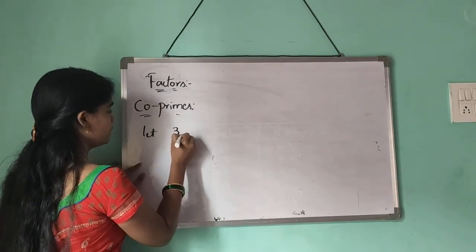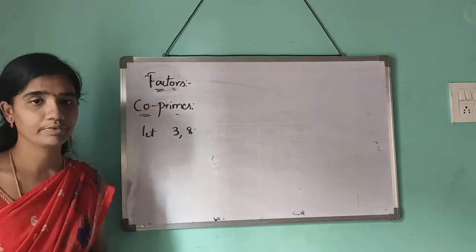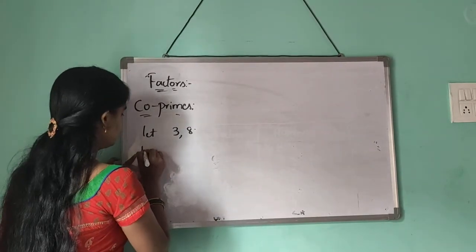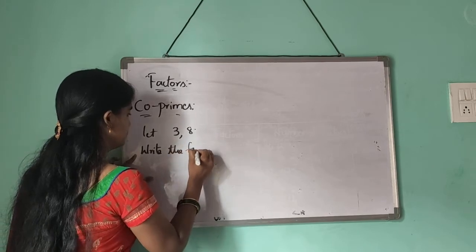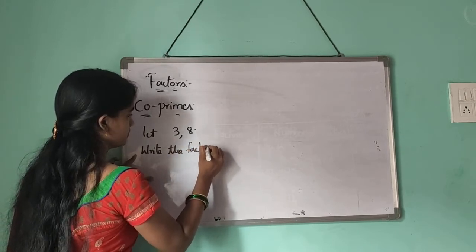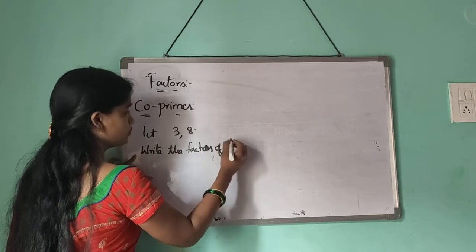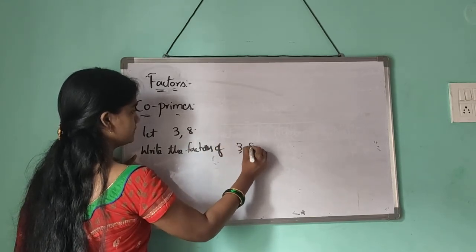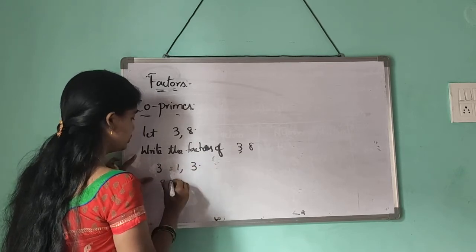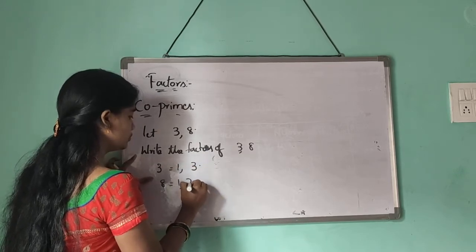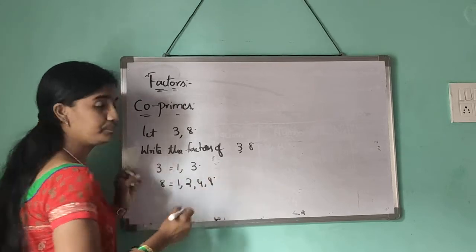Let's take two numbers, 3 and 8. Write the factors of the two numbers. 3 has factors 1, 3. Coming to 8, the factors are 1, 2, 4, 8.